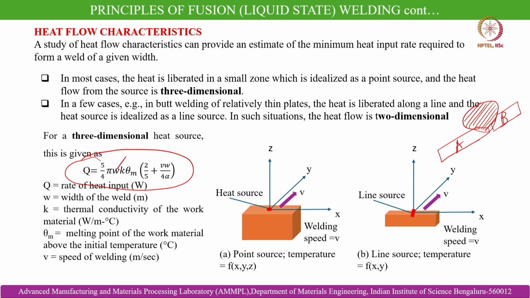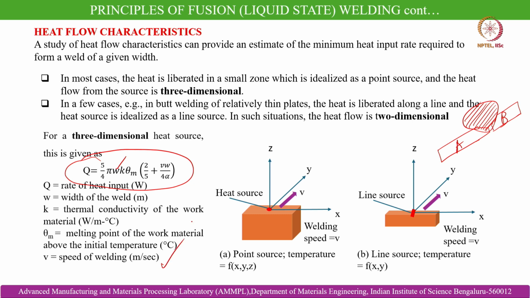K is the thermal conductivity of the work material, in watt per meter per degree centigrade or watt per meter Kelvin, whichever unit is chosen. Theta m is the melting point of the workpiece experiencing the fusion welding process, above the initial temperature when the welding process is started, and V or nu is the speed of welding in meter per second.